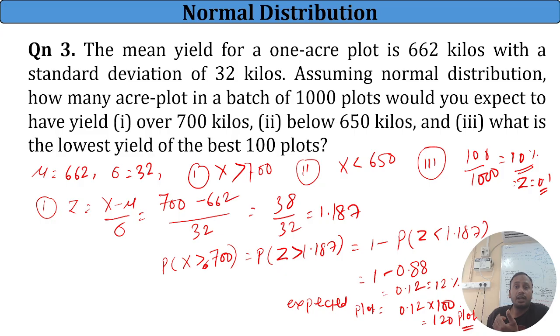Can you do it in a similar way for the second case? I'll just wait for 2 minutes.